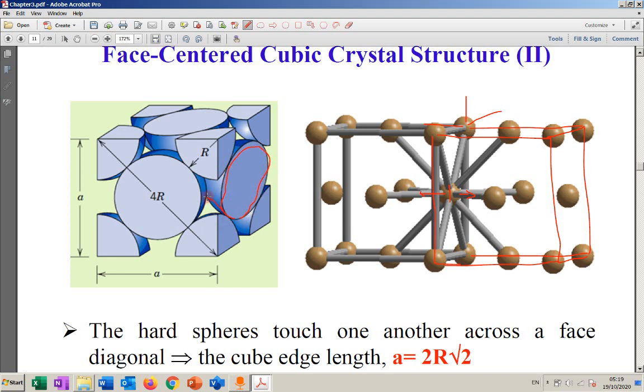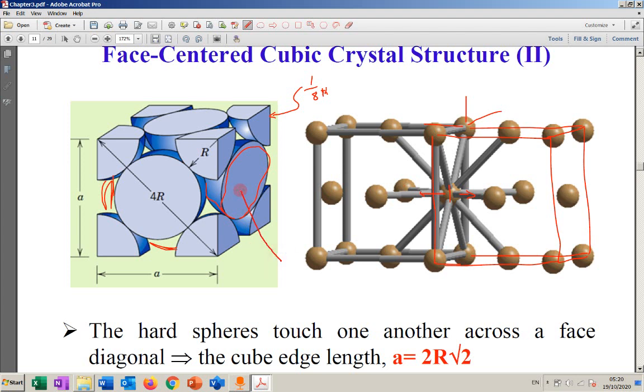A half sphere at this face, a half sphere here, a half sphere at the bottom as well, and a half sphere on the other side. At each face we have a half sphere. But at the corner we still have 1 over 8. This is 1 over 8. Why? Because each corner atom is shared with 8 unit cells.